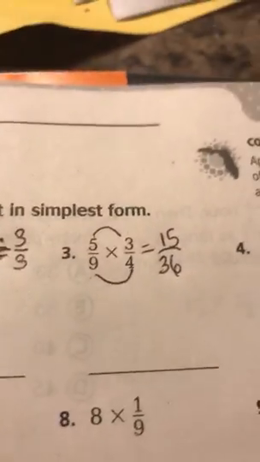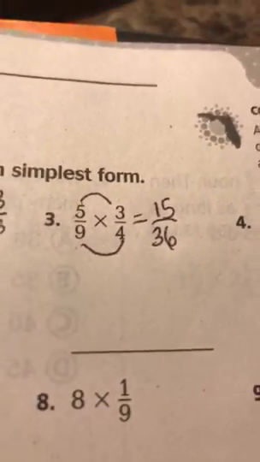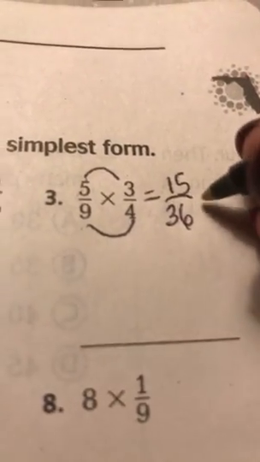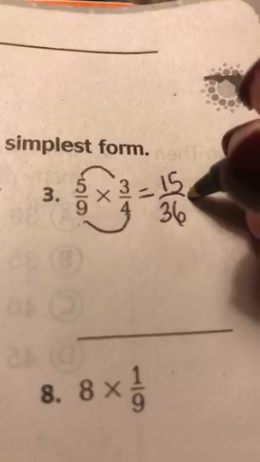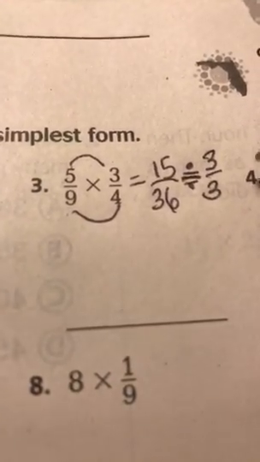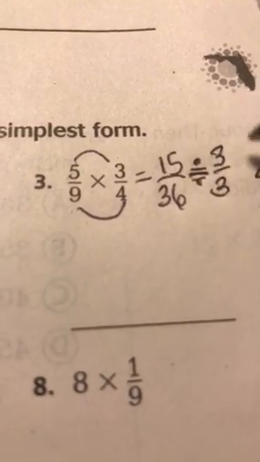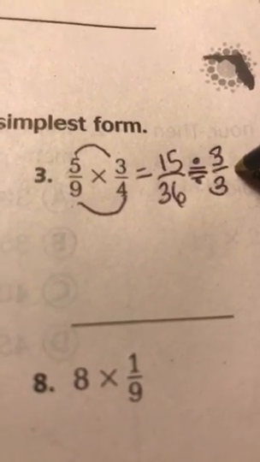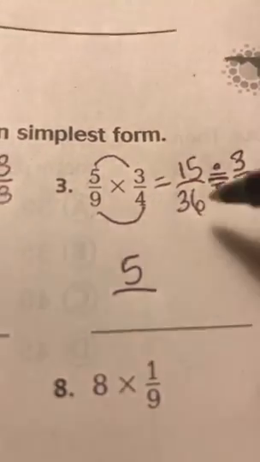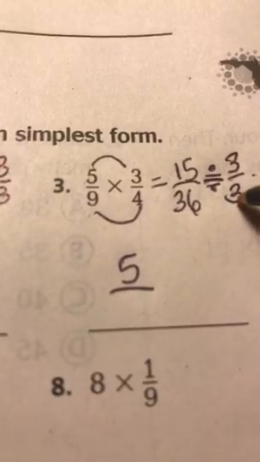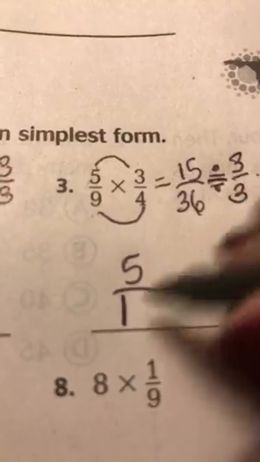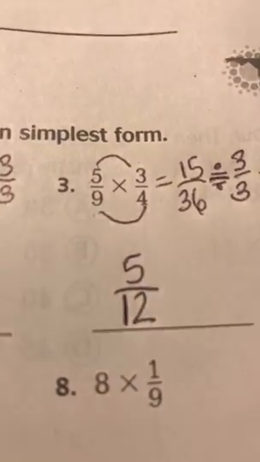Now I want to figure out what common factor they both share, and they both share a common factor of 3. I can divide both of them by 3/3. So 15 divided by 3 is 5, and 36 divided by 3, I know that 3 goes into 3 one time and 6 goes into 3 two times, so you get 5/12.